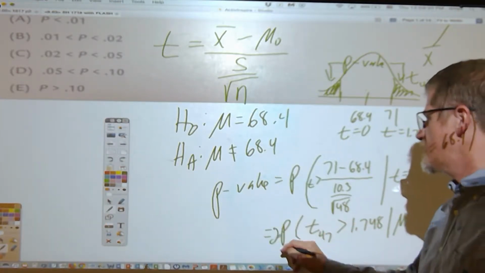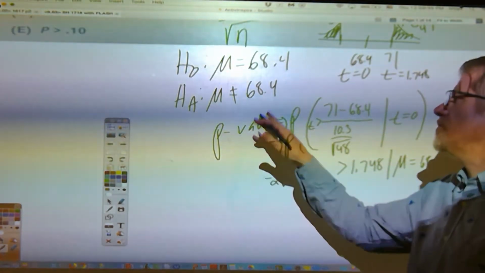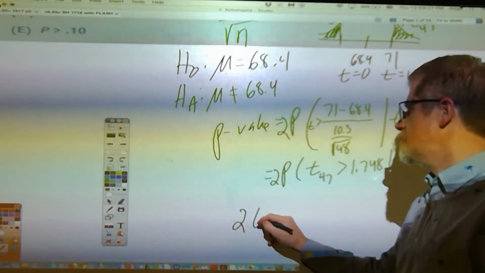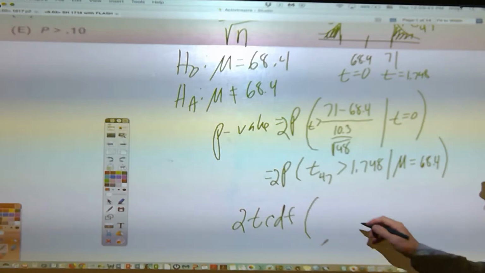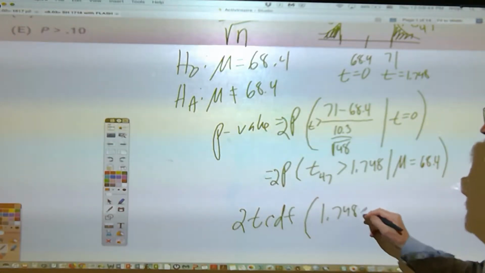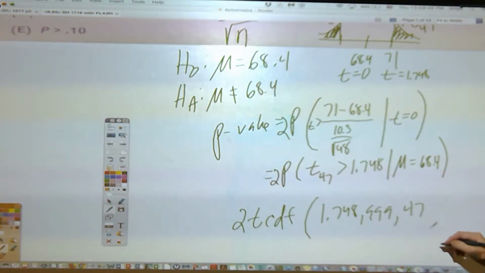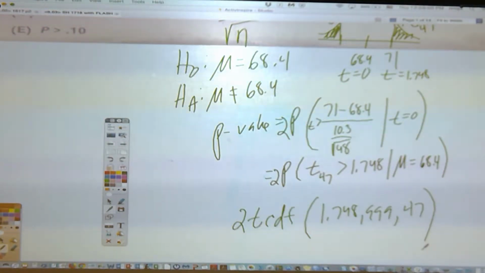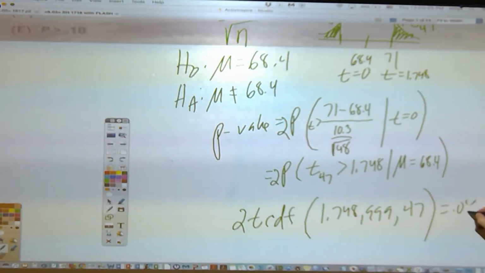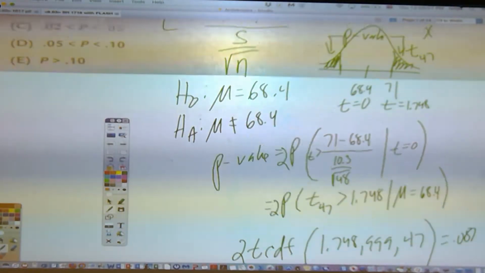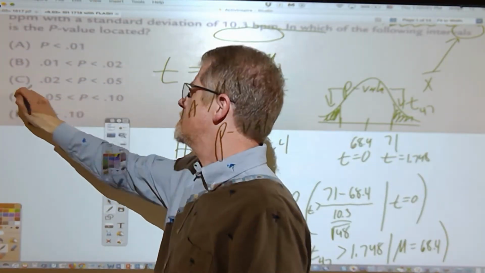We also have to multiply this by 2 because it's two tails. Now, if you're doing this in a race situation, you probably just want to go to tcdf. This is one way to type it in: 2 times tcdf of 1.748, comma, 999, comma, 47 degrees of freedom. That would give you a p-value of 0.087. So 0.087, we've got looks like letter D.